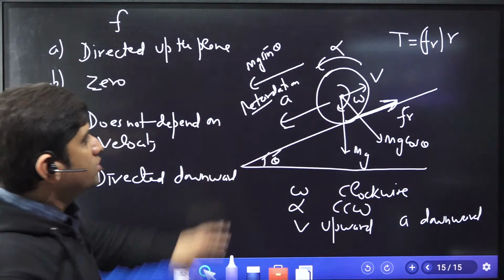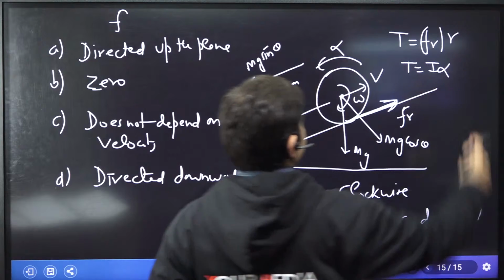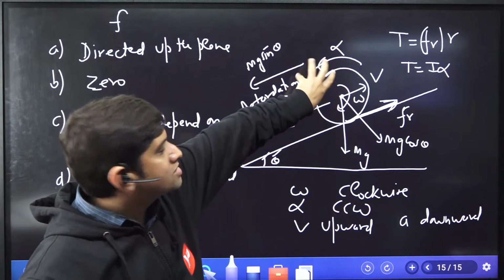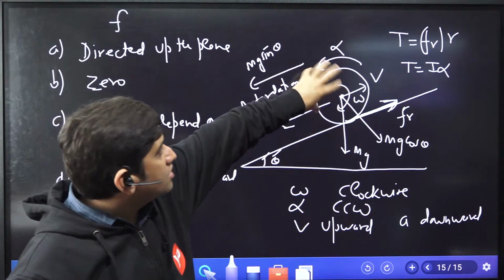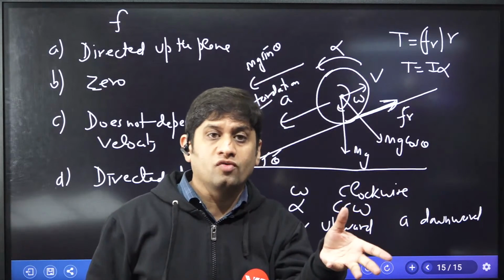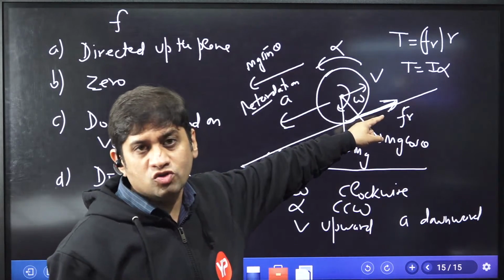And because alpha is in this direction, torque is equal to I into alpha. Don't you think if alpha is counterclockwise, torque is counterclockwise, and there's only one force producing that counterclockwise torque, what is stopping the roller? This friction force is only going to stop the roller.